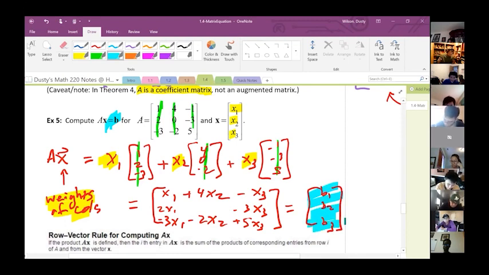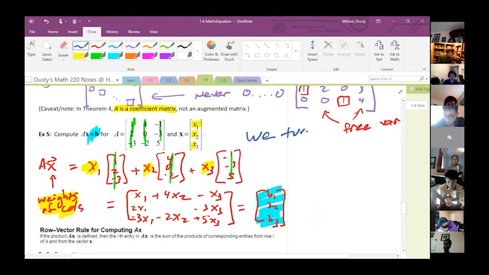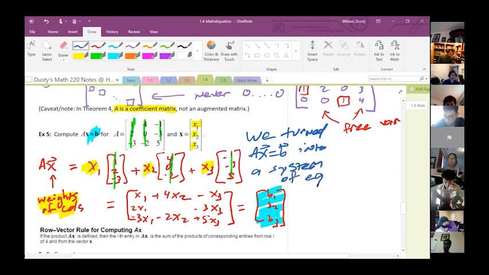We're not going to get numbers out the other end, but this shows how we could turn this statement, AX equals B, into a system of equations.